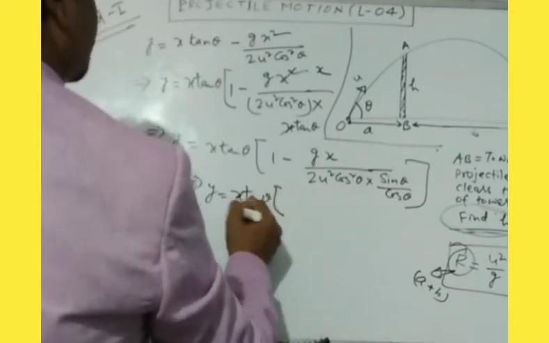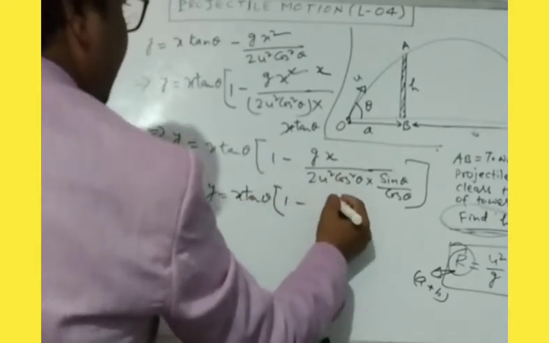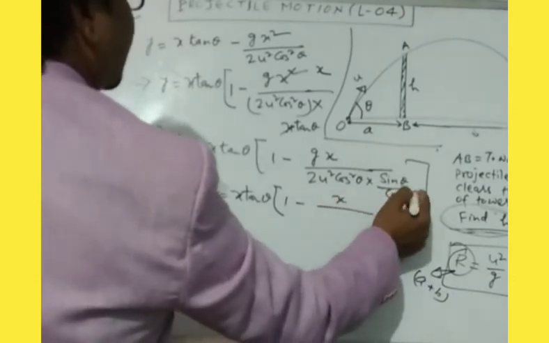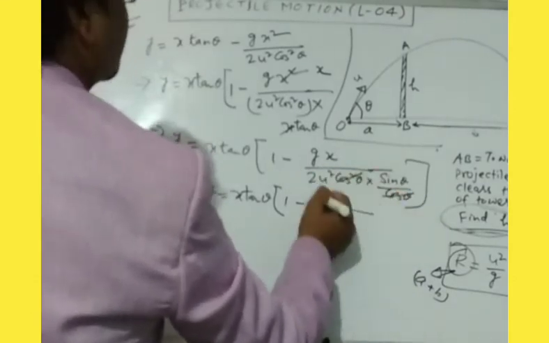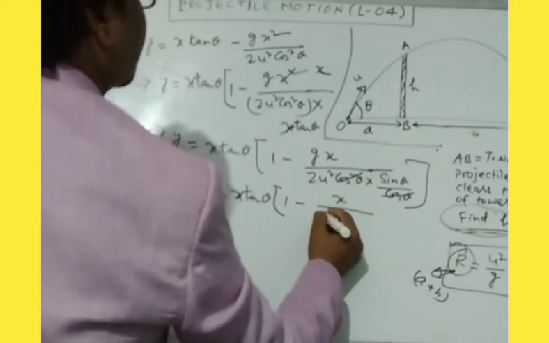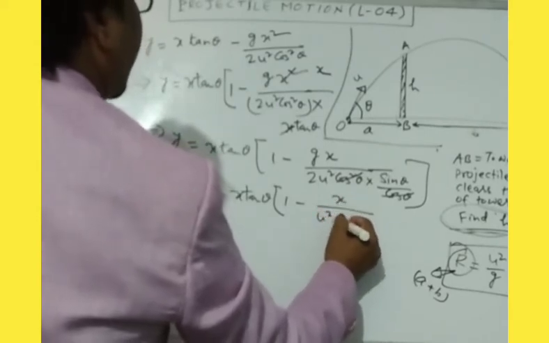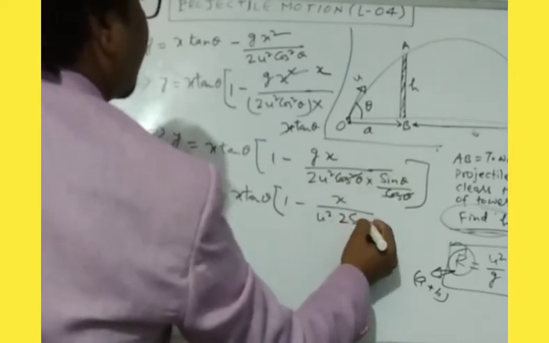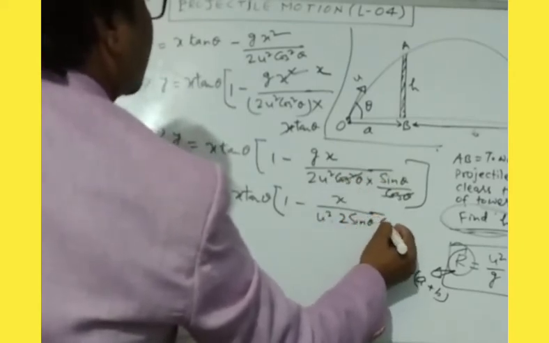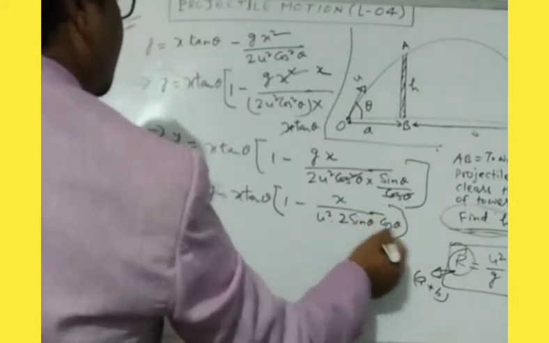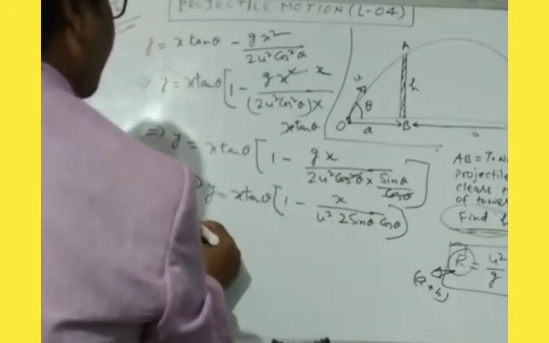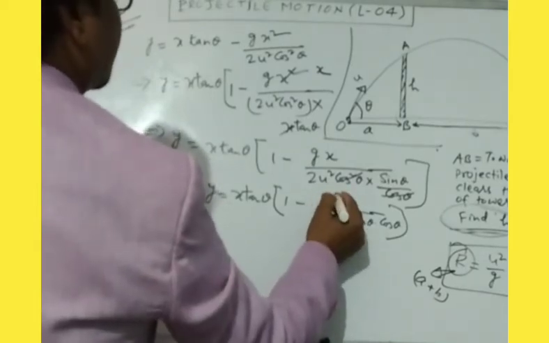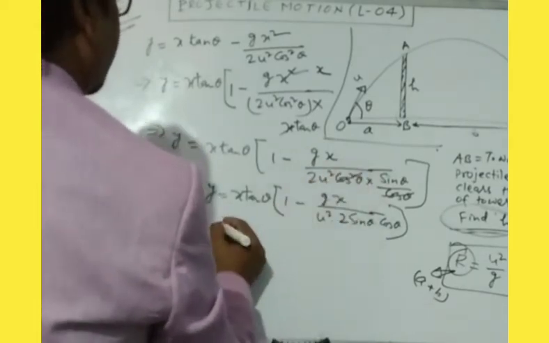So what will be the final step? This is x tan theta into 1 minus x upon, and one cos theta will cancel, so u square, and this 2 into sin theta into cos theta will give you sin 2 theta, and here g is also there.